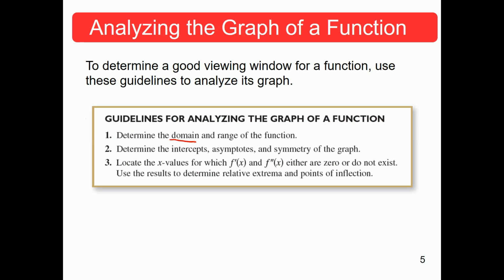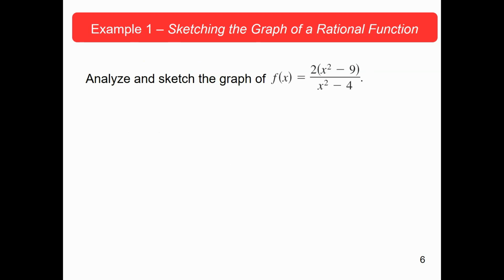We're going to find the intercepts, we're going to find the asymptotes, and we're going to see if there's any kind of symmetry. 9 times out of 10, there's not, but you never know. The next thing we're going to do is locate our critical numbers and find our relative max and mins. We're going to find our points of inflection. So using the first and second derivatives, we're going to find mins, max, and points of inflection. So let's jump right in and see what we can do.